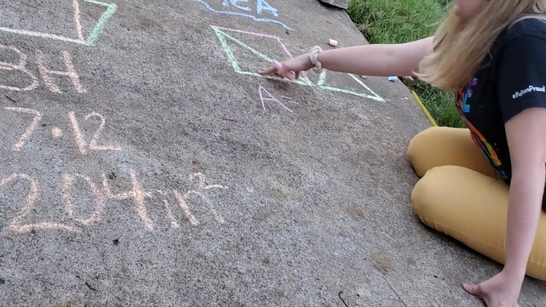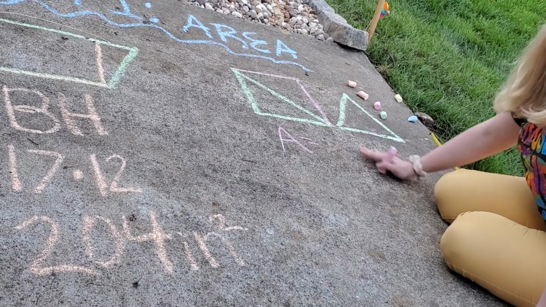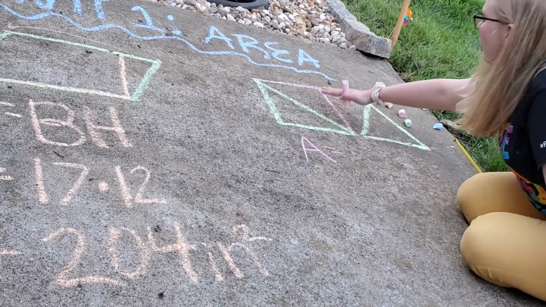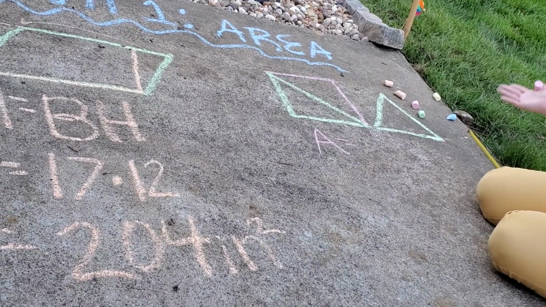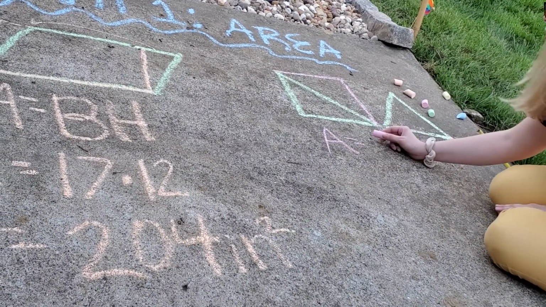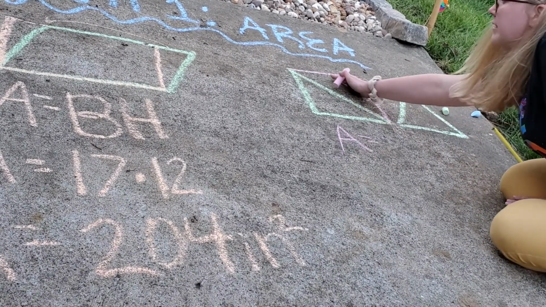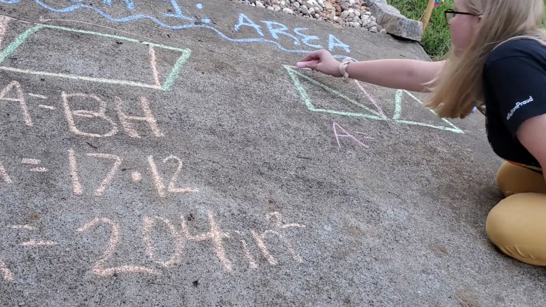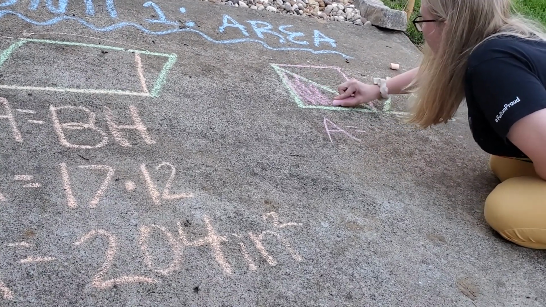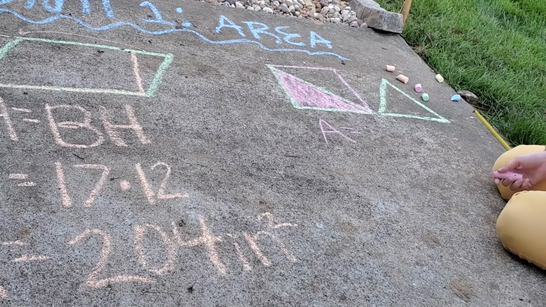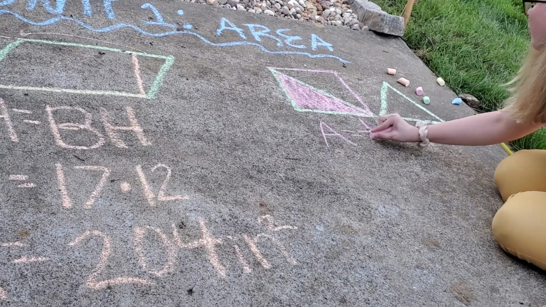This is a 90-degree triangle. This is a right triangle because it has a 90-degree angle in it. When I flipped it, it became just like a rectangle. We already know that the area of a rectangle is base times height, but we don't want the area of this entire rectangle. We want only the area of this green triangle, or the shaded area, which is exactly half of that rectangle.